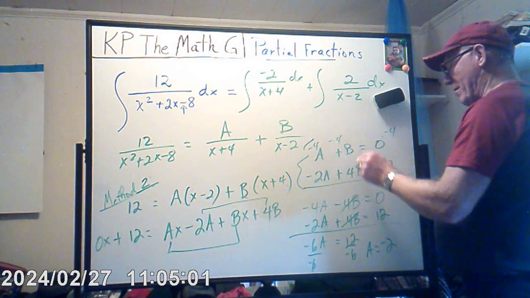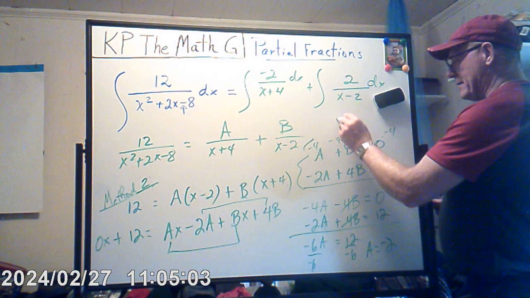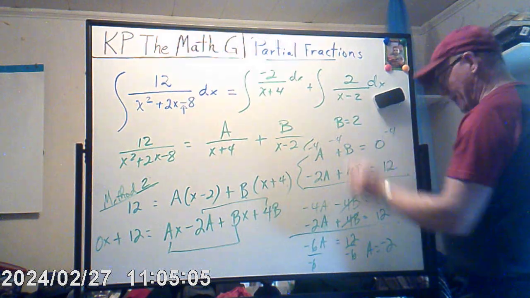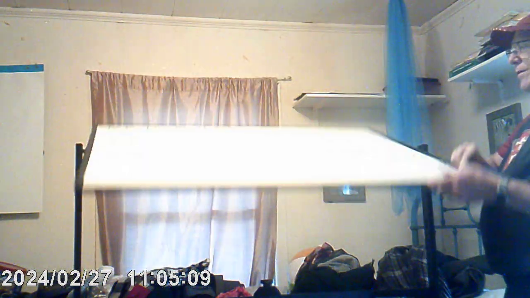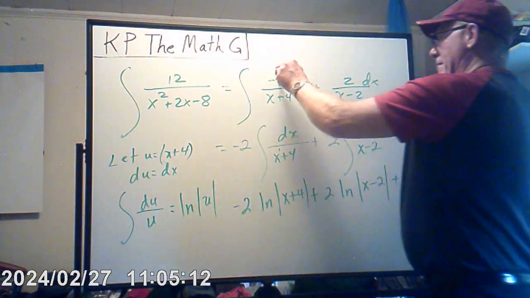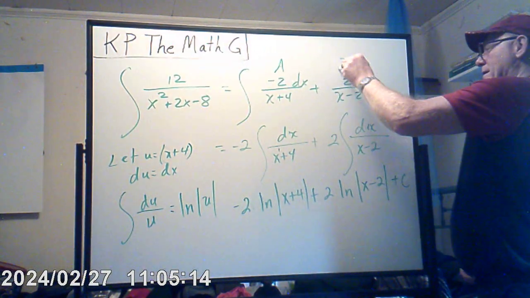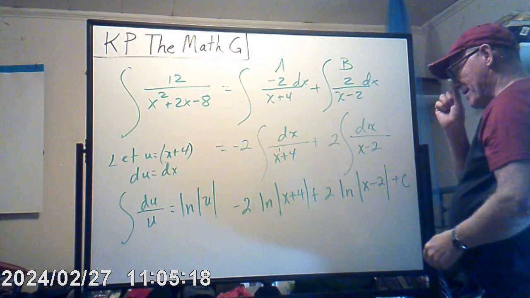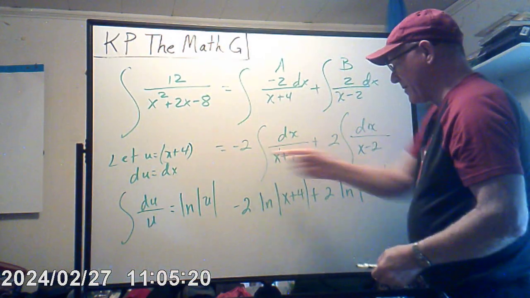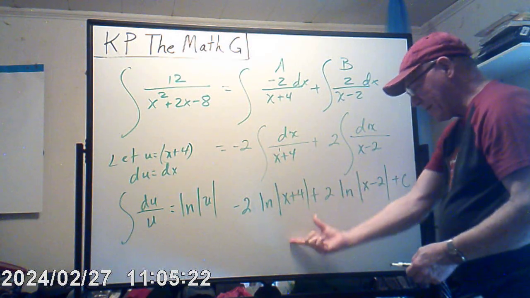So b is 2, and a is negative 2, and then I just simply fill in for a. A was here, b is here. This is 2 ln's right there, and then I just simply take out the negative 2 and the 2 and deal with it that way.